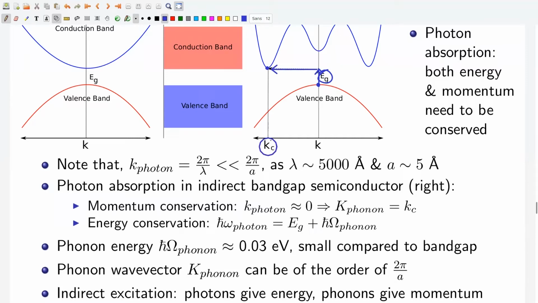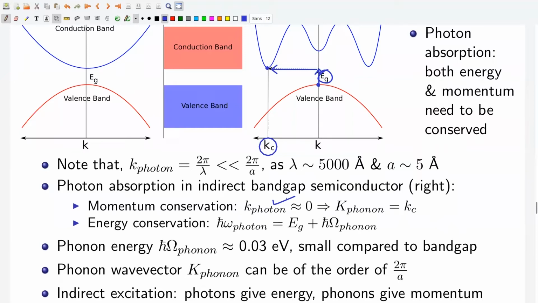In this case, momentum conservation is not satisfied by momentum of the absorbed photon, which has negligible momentum compared to the momentum change of the excited electron. In this case, a phonon is also involved.